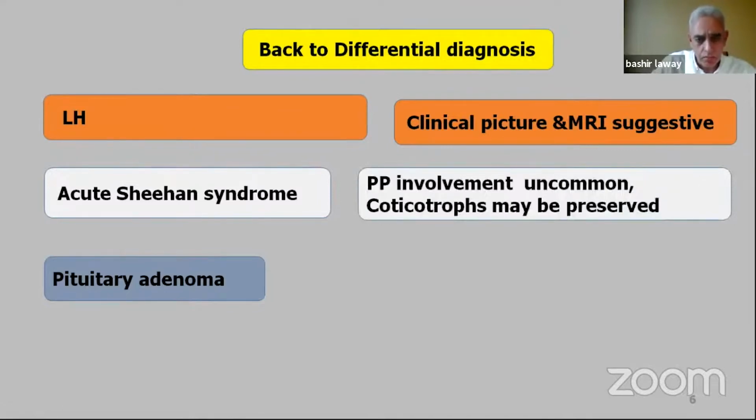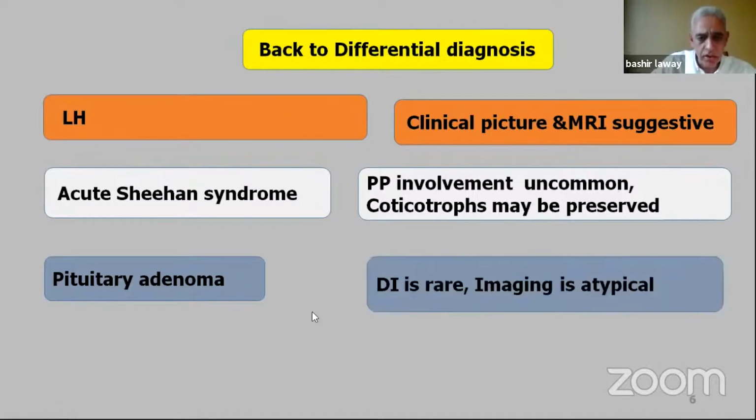Acute Sheehan is less likely, as I will be discussing in one or two slides: posterior pituitary involvement is less common in Sheehan, and corticotrophs may be preserved in Sheehan syndrome. Pituitary adenoma is less likely because we usually don't have DI in pituitary adenoma, and the imaging is typical of lymphocytic hypophysitis.